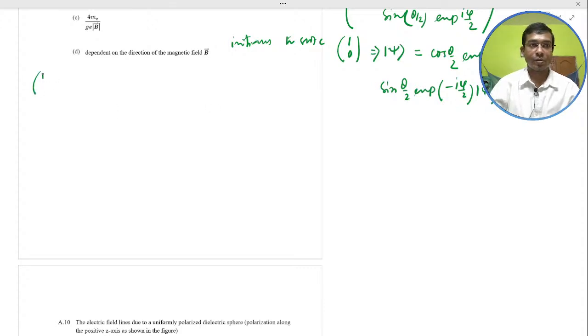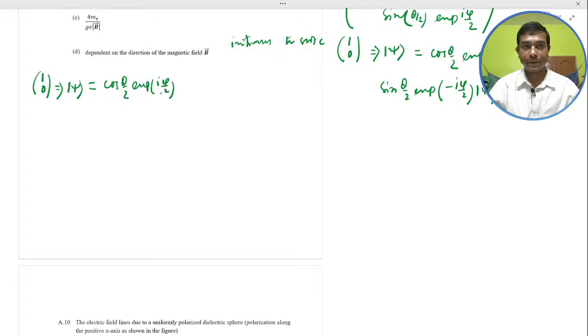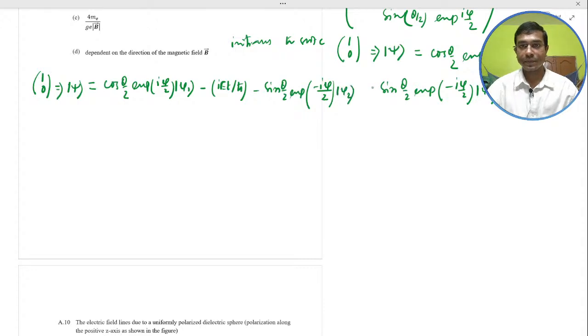Calculate this one. So 1, 0, that means the ket psi is equal to cos theta by 2 exponential i phi by 2 acting on ket phi 1, times exponential minus i E t by h cross for time evolution, minus sin theta by 2 exponential minus i phi by 2 acting on phi 2, into exponential minus i E t by h cross.